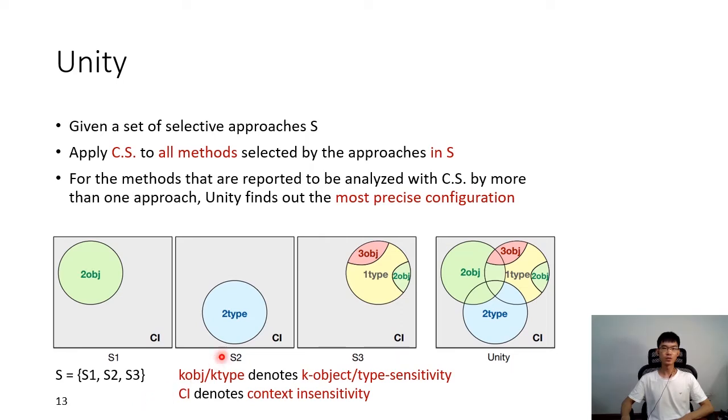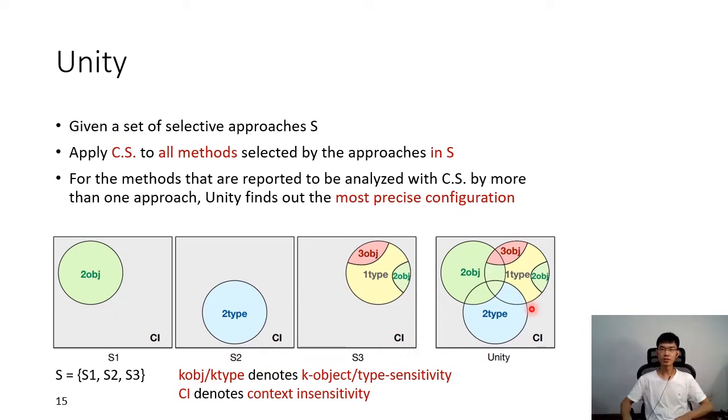For example, S2 selects 2-type sensitivity for these methods, and S3 selects 3-object sensitivity for these methods, 1-type sensitivity for these methods, and 2-object sensitivity for these methods. The gray part of these squares means that the selective approach selects CI for these methods.